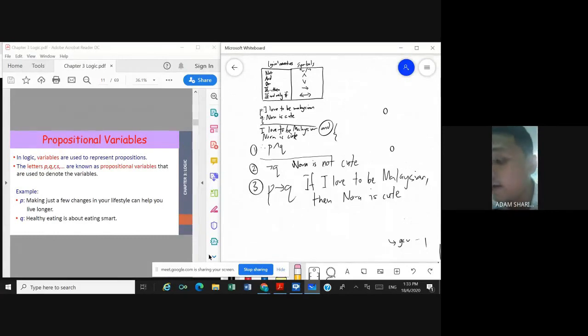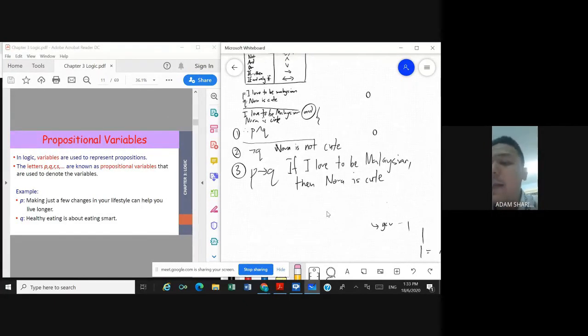So this kind of representation, if I love to be Malaysian, then Nora is cute, is still considered as obeying the logic rules. We can use this kind of example. But in the practical world, there is no relation. Why, if I love to be Malaysian, then Nora is cute? There is no such thing, maybe.